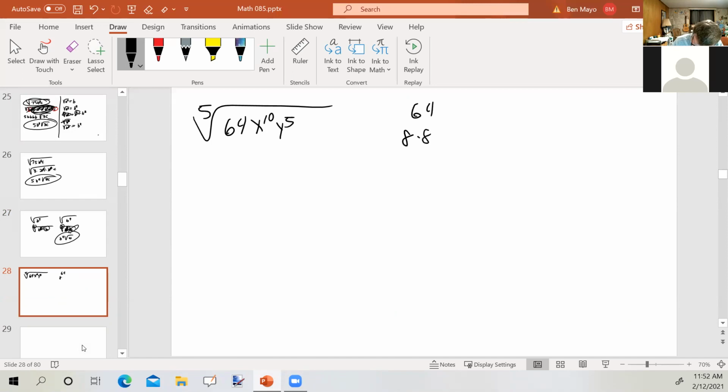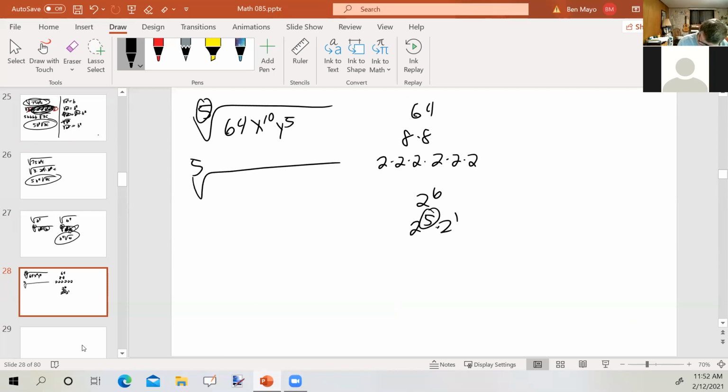64 is 8 times 8, which is 2 times 2 times 2 times 2 times 2 times 2, which is 2 to the 6th power. But I'm going to consider it 2 to the 5th times 2 to the 1, because I want my exponent to match my index. So now I'm going to rewrite that expression as 2 to the 5th times 2 to the 1 times x to the 10th times y to the 5th.